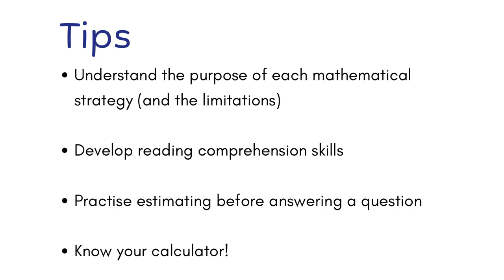The MYP is a 5-year journey, so it's okay if it takes some trial and error until you find the right approach for you. The next tip is to practice estimating before answering a question.